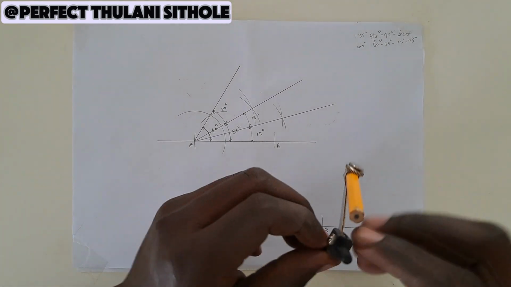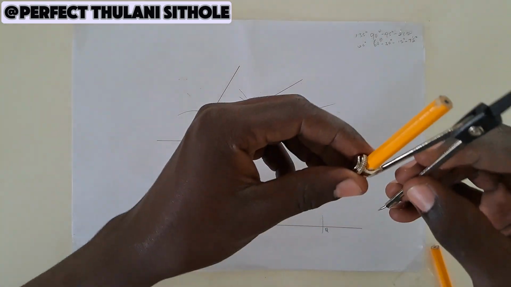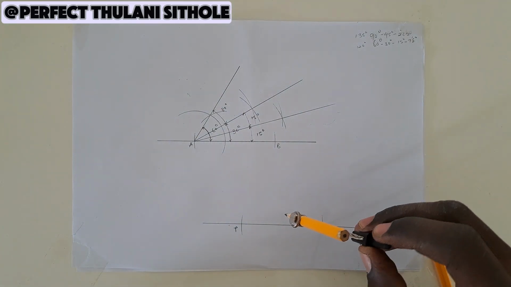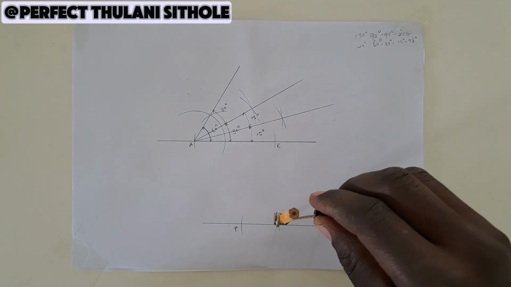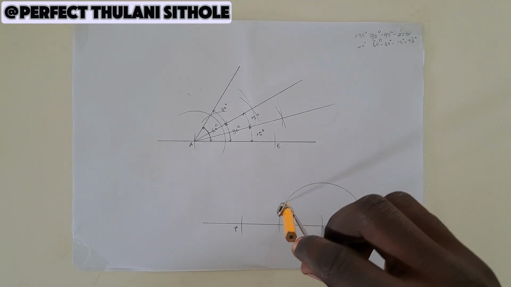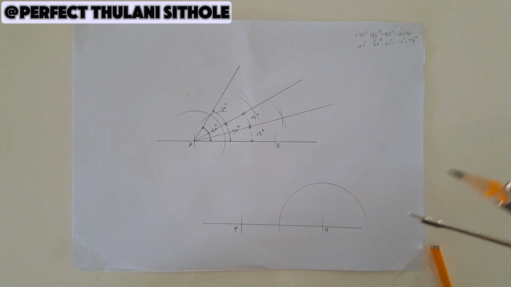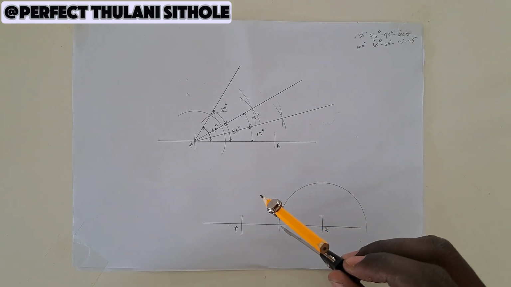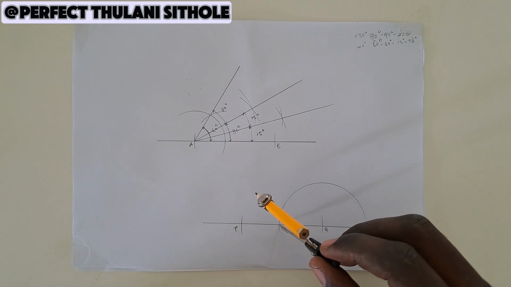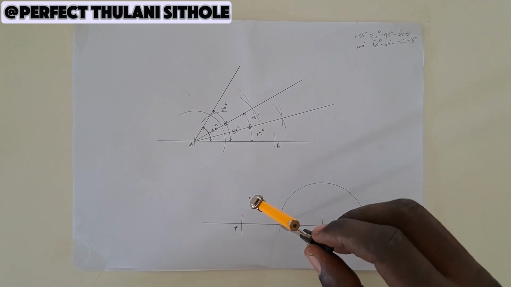So what you do is you open up your compass and put your pinpoint at Q and draw an arc like this. And without adjusting your compass, draw arcs.